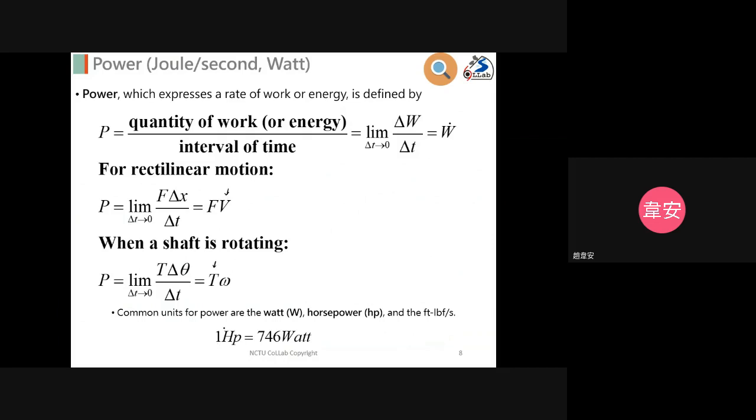The pattern of this slide is a very important dynamic transfer. We know that 1 HP, horsepower, is equal to 746 watts. So we just highlight the units for power. Usually we use watts and also HP. And there is a relationship and a constant conversion factor between watts and HP.